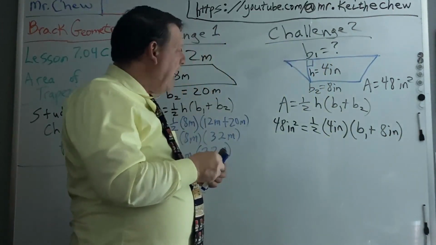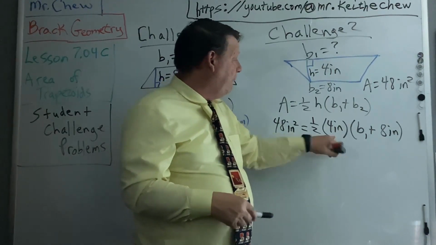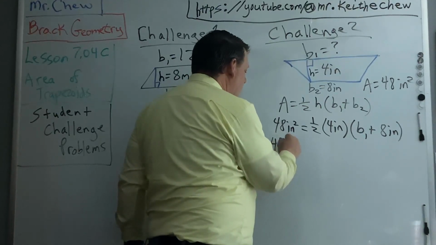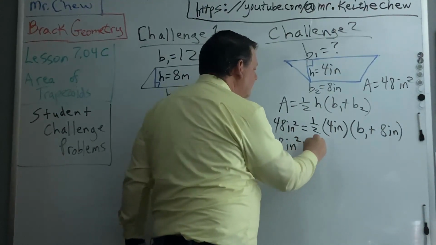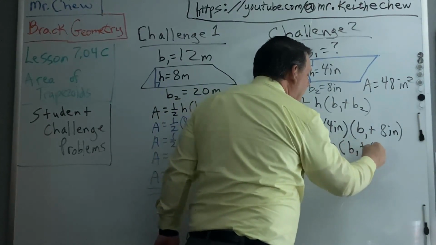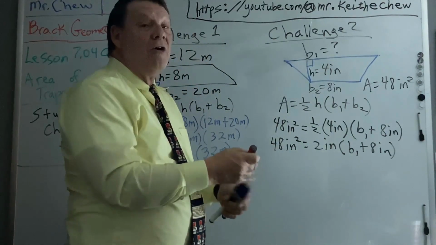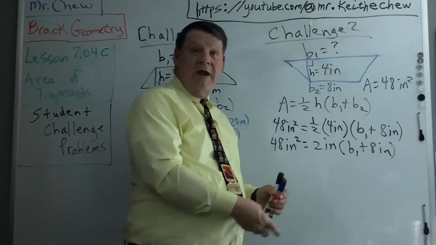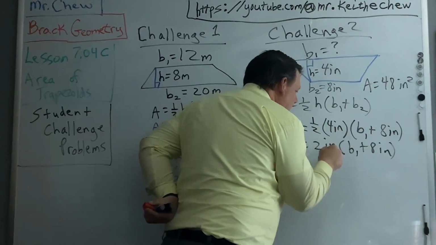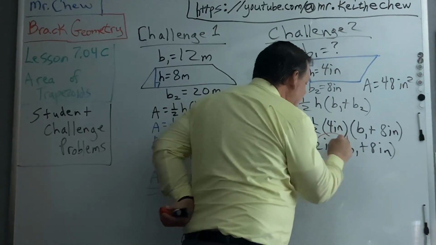All right, so now I have to simplify this before I can do the distributive property. So 1/2 of 4 inches is going to be 2 inches, times B1 plus 8 inches in parentheses. Now, if you remember, I did an earlier video in my Bear Arithmetic curriculum where if you've got a number outside of parentheses, you have to do what's called the distributive property.